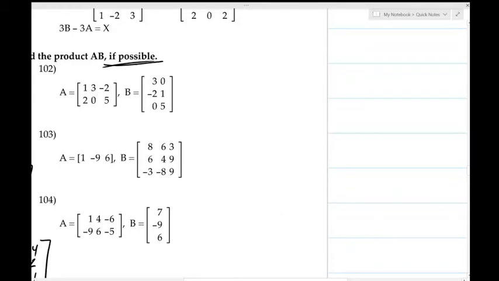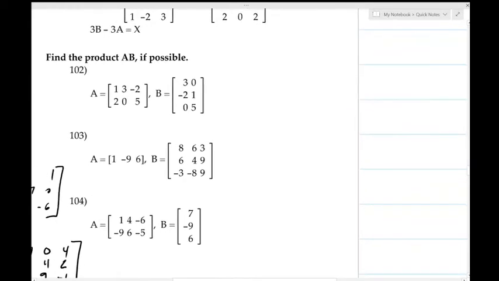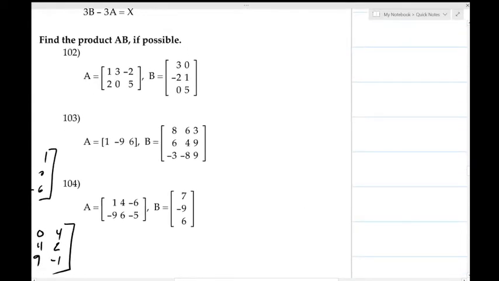Number 102, we're trying to find the product of matrix A times matrix B, if possible. So it may not always be possible to find the product between two matrices. First, let's write the dimensions of A. Matrix A is a matrix of 2 rows by 3 columns.